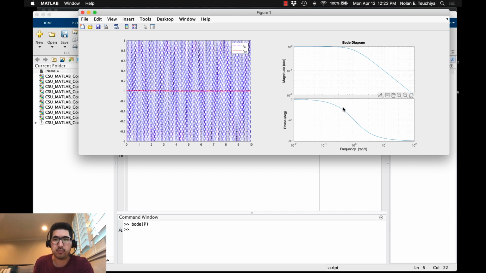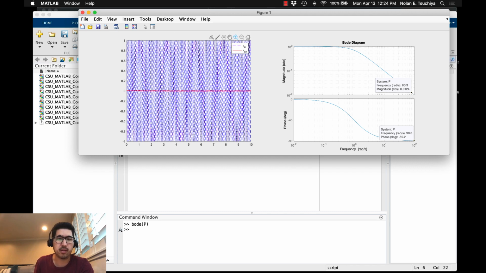Remember, we're now at a frequency of 100, so we're way out here. At a frequency of 100, we're expecting our magnitude to be really small, approximately 0.01 relative to the input. And that's what we're seeing over here.